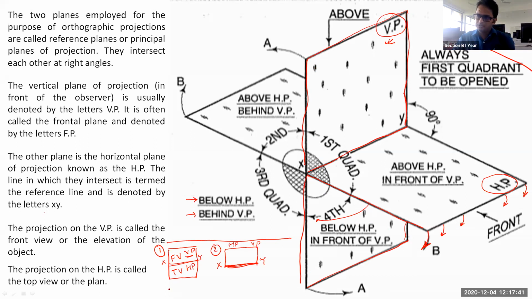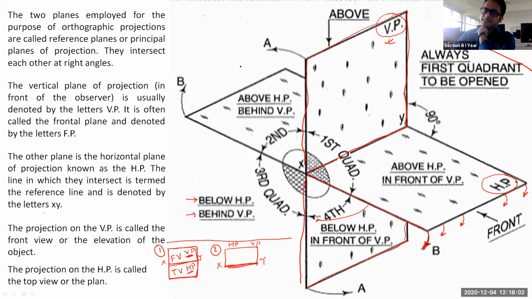That is what I have drawn here, one rectangle and one reference line. In the above portion, you will have your vertical plane. In the bottom portion, you will have your horizontal plane. This is for the case when the object is placed in first quadrant.